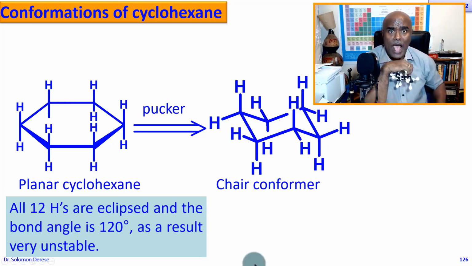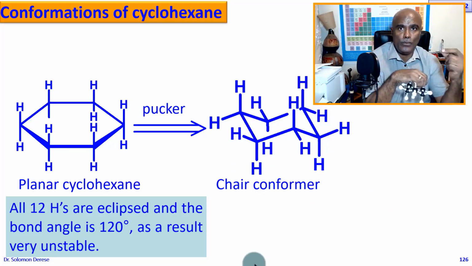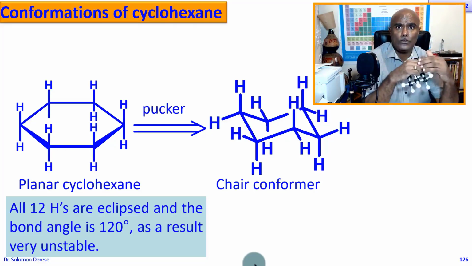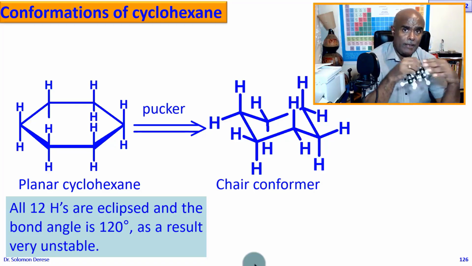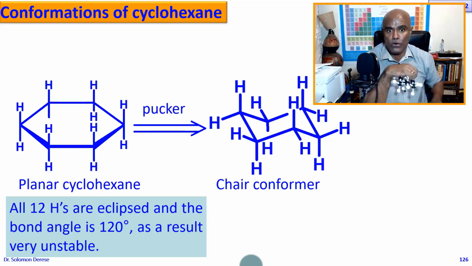You remember, as we were progressing from cyclopropane to cyclobutane and then to cyclopentane, we were progressively seeing some relief of torsional strain. In none of the cases was the torsional strain totally eliminated across all the carbon-carbon single bonds. But in the case of cyclohexane, all the torsional strains were eliminated by adopting this chair conformer.